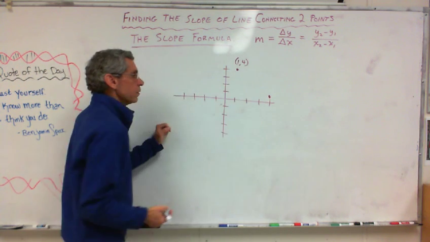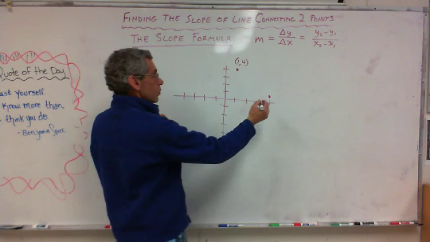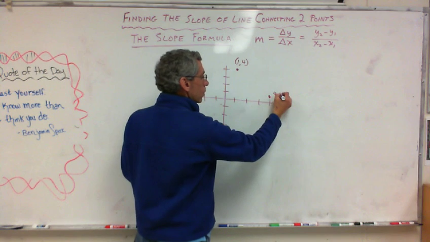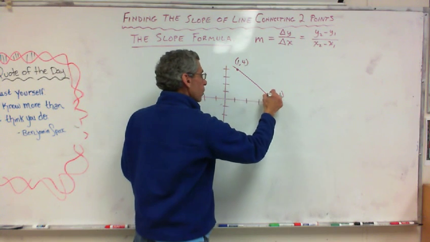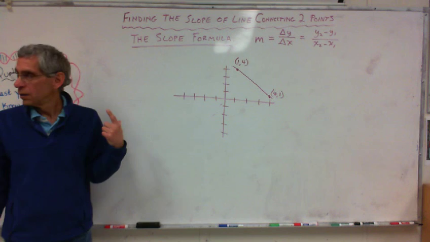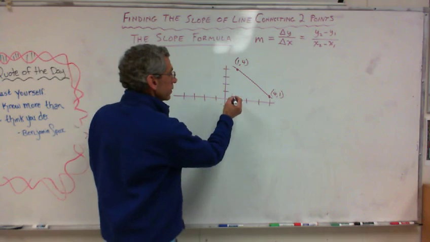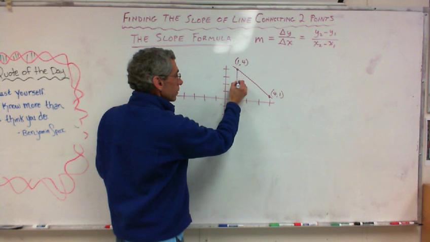What is this point? 4 comma 1. Okay, 4 comma 1. Now, if I drew a line through those points, I want to know what the slope is. Well, one way is to create a right triangle.